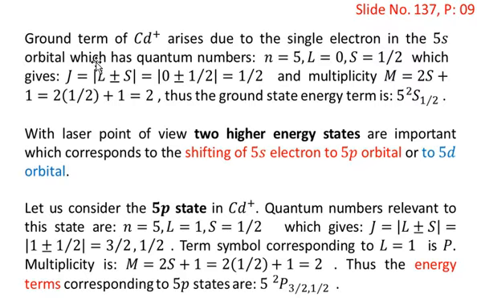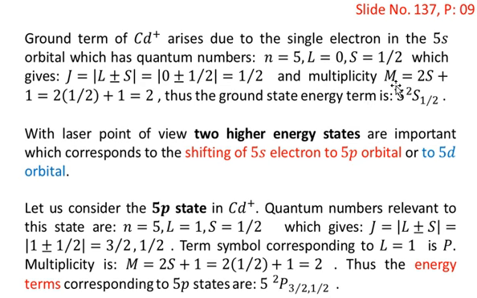And the total angular momentum of the atom, which is capital J, is obtained through the LS coupling. So we have capital J is equal to the mod of L plus minus S, and substituting the values of capital L and capital S, which is 0 plus minus half, you will get 1/2.